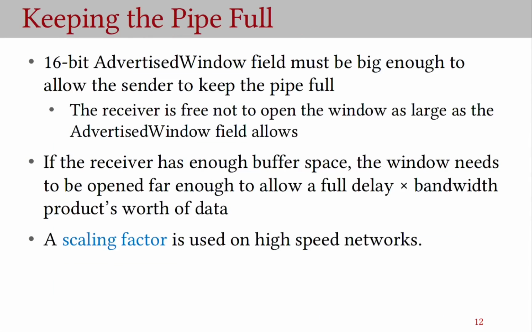Next, we are going to discuss the issue of keeping the pipe full. This 16-bit advertised window field must be large enough to allow the sender to keep the pipe full. Of course, the receiver is free to not open the window as large as the maximum that the advertised window allows, which is 64 kilobytes, if there is not enough buffer space.